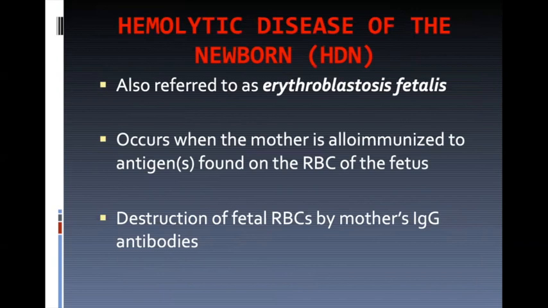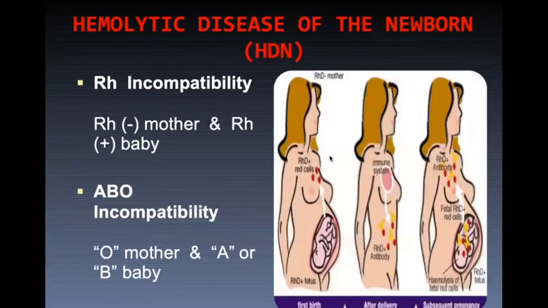Now, what is hemolytic disease of the newborn, HDN, which can also be referred to as erythroblastosis fetalis? This occurs when the mother is alloimmunized to antigens found on the RBC of the fetus. This is because of the destruction of fetal RBCs by mother's IgG antibodies. So hemolytic disease, RH incompatibility: RHD negative mother, RHD positive cells invade the fetus.